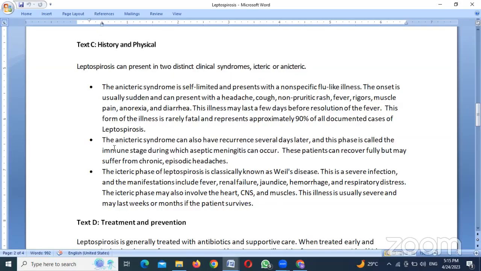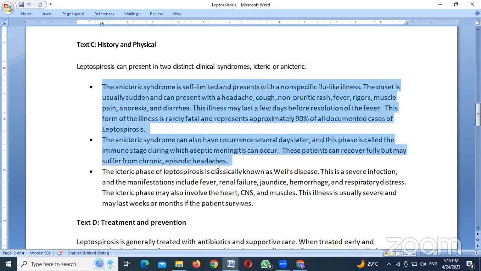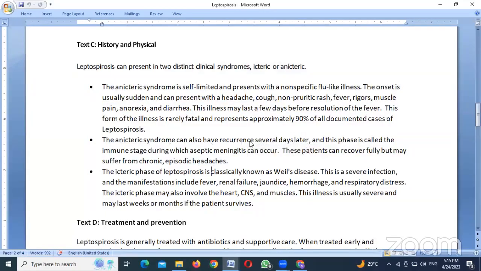Still in the first paragraph, they're talking about this. The syndrome can also have a recurrent, immune stage. Then they're talking about the other phase, icteric. This is also called this, and then there is severe infection and all of these things. So this is quick.